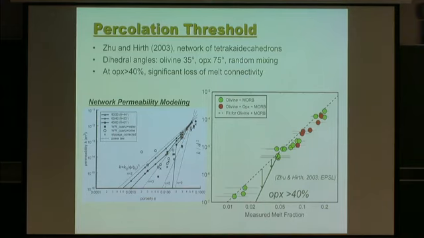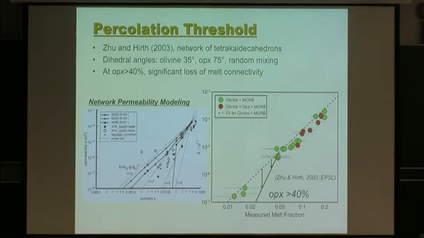What we find is that above 40% of OPX, right, you have a very significant loss of the melt conductivity. That is, the OPX wetting is above 60, right?